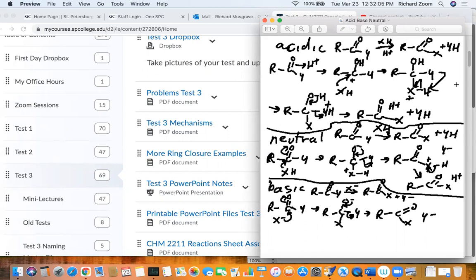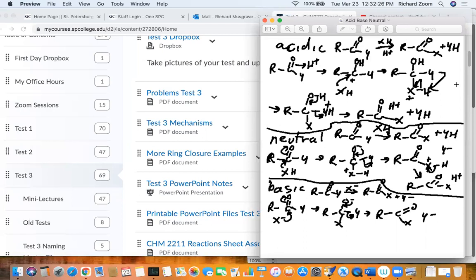Now, on the test, one thing I can guarantee you is that in question one, 8 out of 10, 80% of the questions, will follow one of these three patterns: acidic, neutral, or basic.